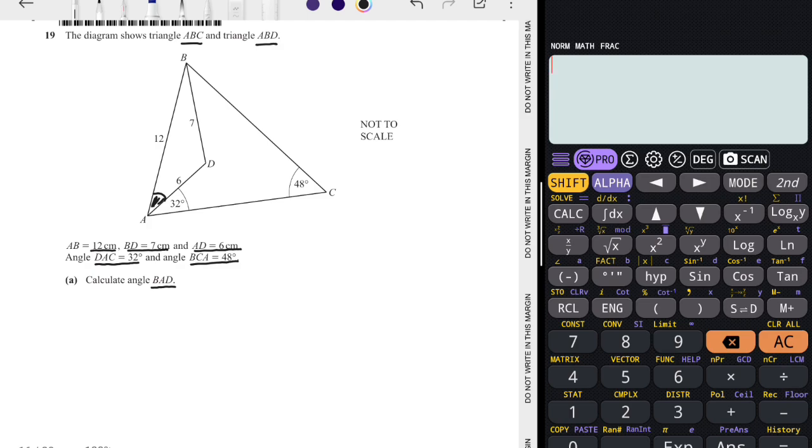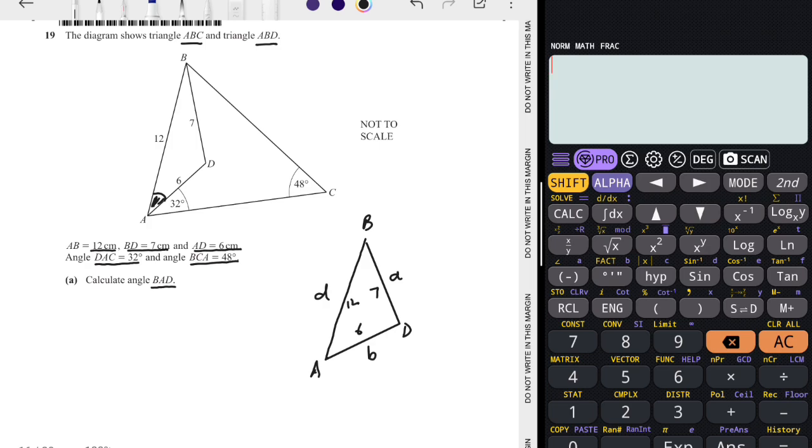So let us write the formula. Let me draw a diagram again. So this is side A, this is side D, and this is side B, and this is 7, 6 and 12.